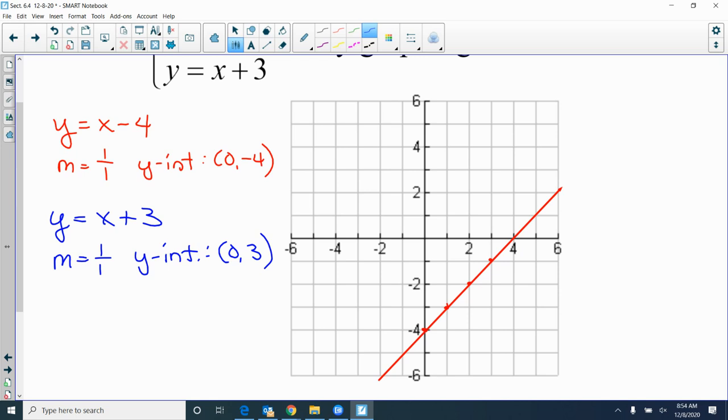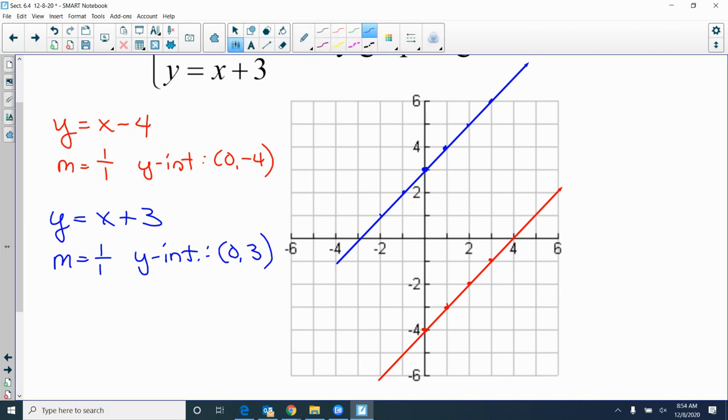Its y-intercept is (0, 3), and so I'm going to go up 1 over 1, and now I'm going to connect. What do you notice about those two lines?